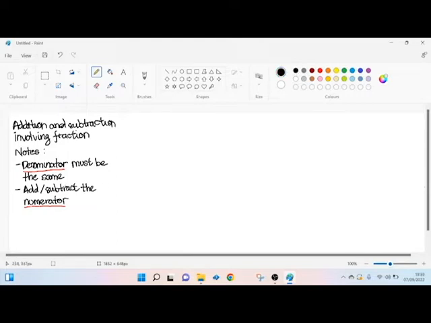Both of them are the anatomy, or parts, of a fraction. It means on each fraction you will be able to find a numerator and also a denominator. So the anatomy of a fraction will be numerator and denominator.